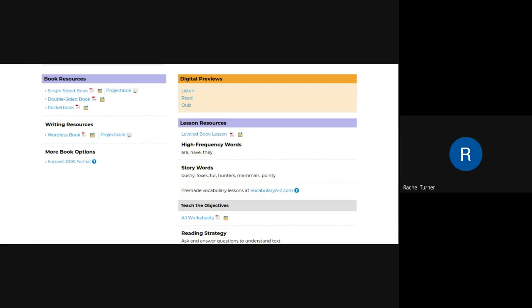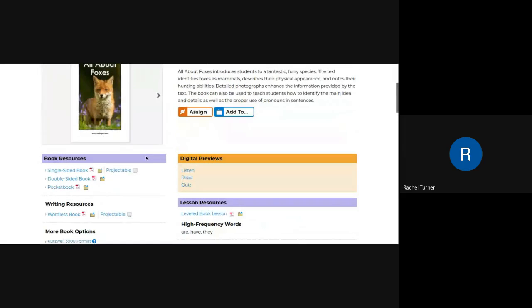I would write this word on my board and show her how to divide it between the two M's. And then I'd let her try to sound it out and I would help if she needed help.